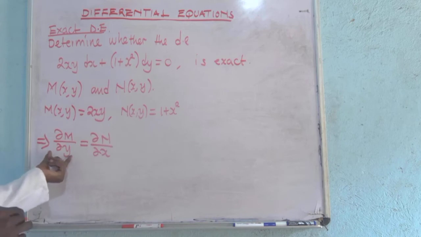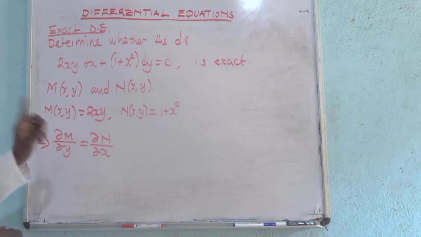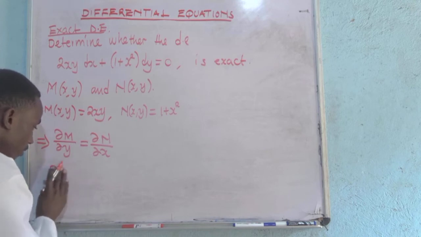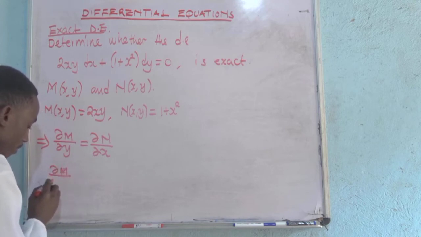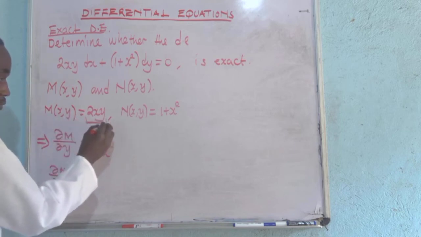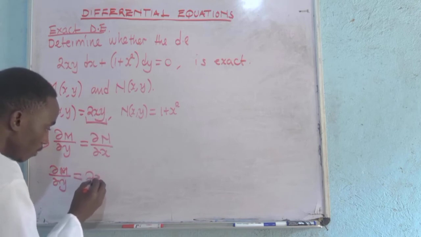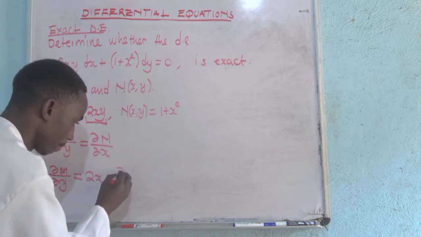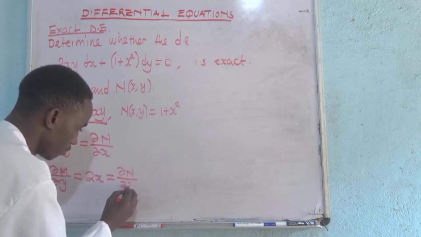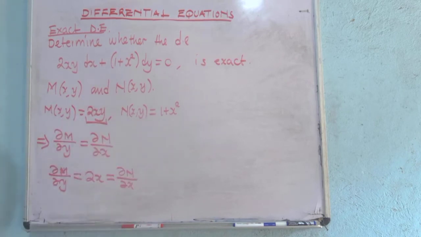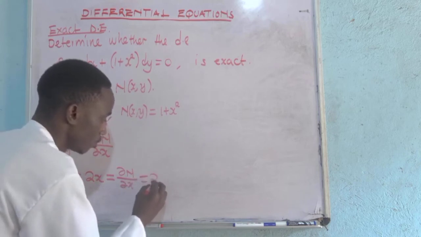Now taking the partial derivative of M with respect to y, we differentiate this with respect to y and you remain with 2x. Again, differentiate this one with respect to x, which gives us 2x.